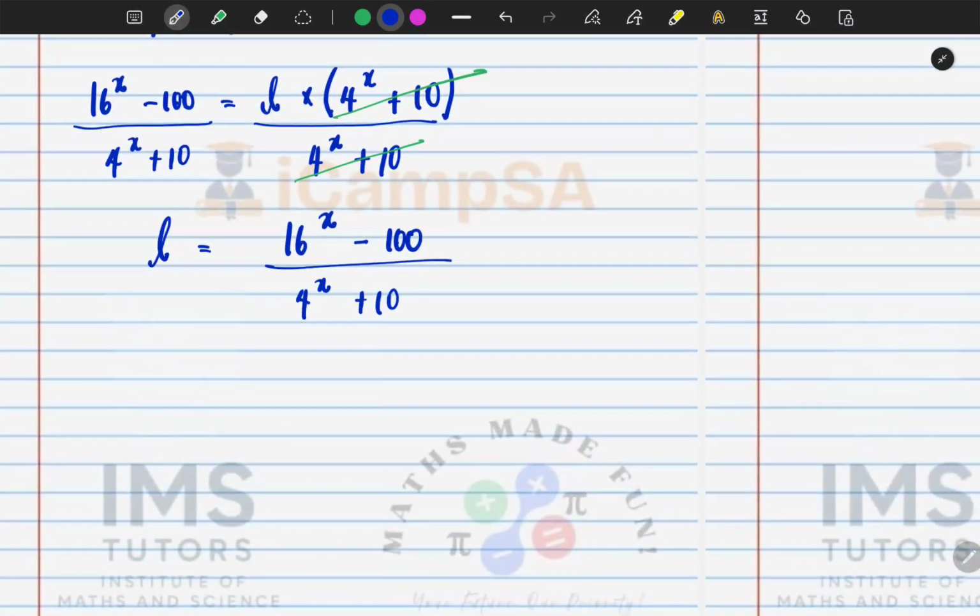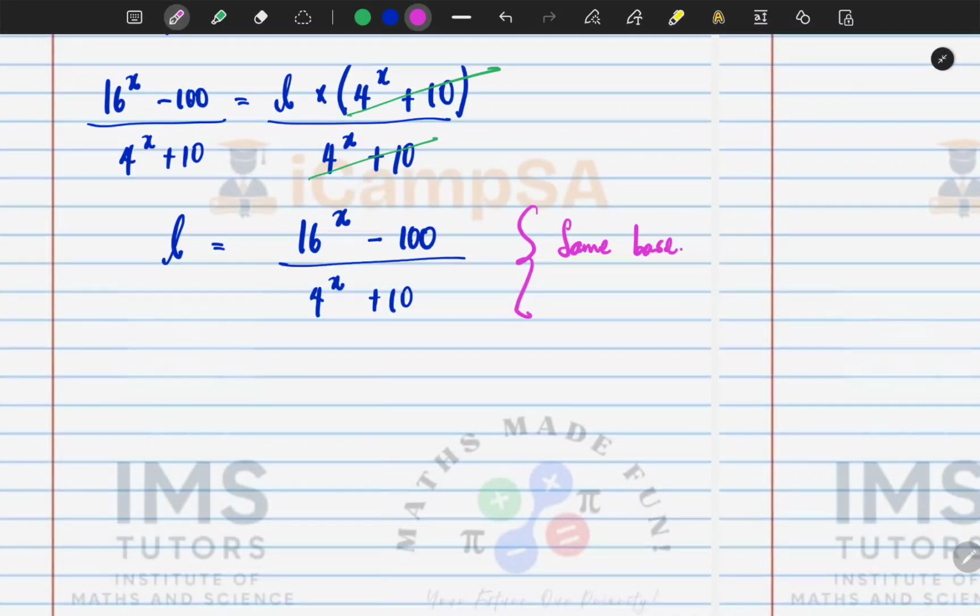So 16 to the power of x can also be written as 4 raised to the power of something. When I see this type of problem, I'm going to try and write it to have the same base.